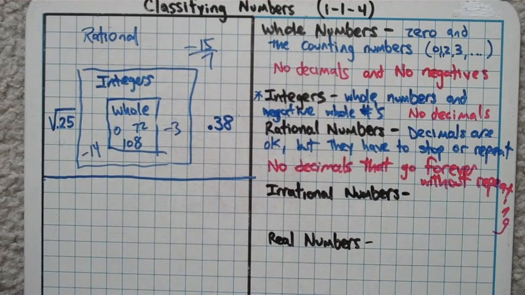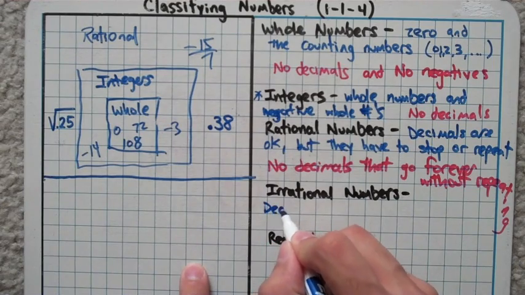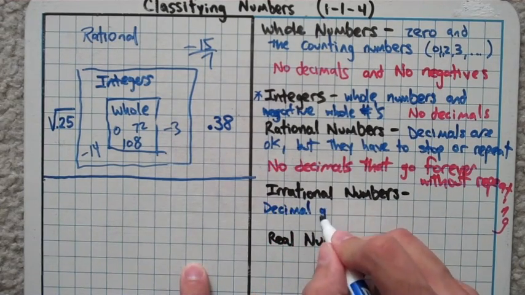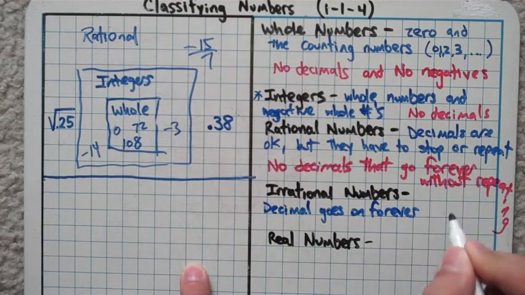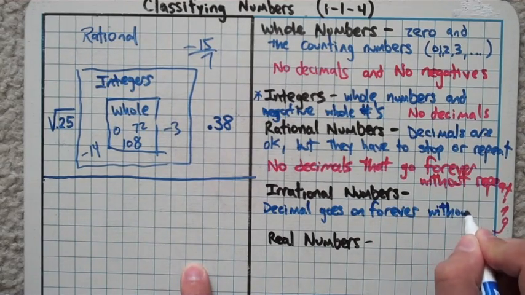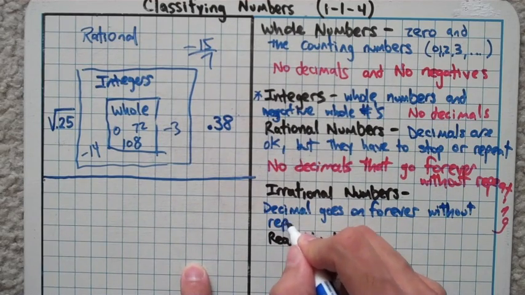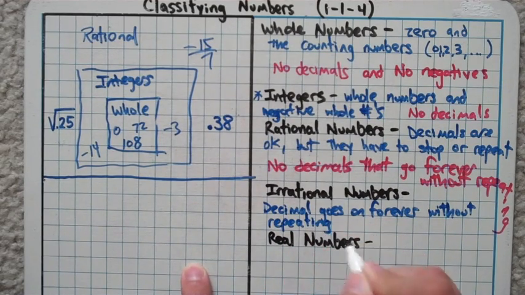So, next on our list here is an irrational number. An irrational number looks a lot like a rational number. They're almost the same word. Irrational numbers are real numbers that are not rational. So with irrational numbers, your decimal goes on forever without repeating. And typically, like I said earlier, the most common type of irrational number we're going to come across in our class are square roots.